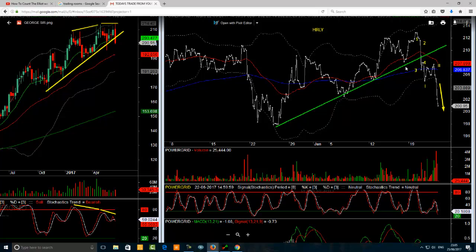Otherwise, if you are a new trader, you allow it to break below it. You see here, you break below it. You are counting your wave. I don't want to talk about it now. You could have entered the trade here when the price was, you see, 1, 2, 3, near the moving average.